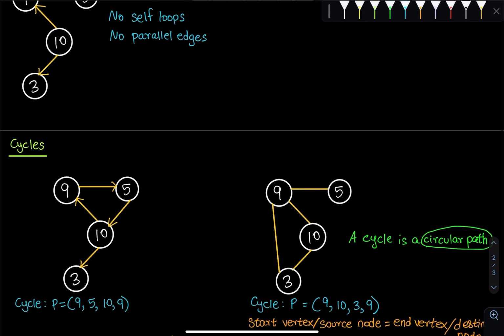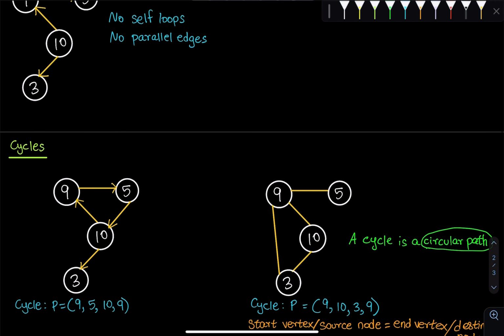Another example is here with an undirected graph. If we start at 9, we can go to 10 and then to 3, and then again we inevitably come back to 9. One thing to note here is that in a cycle, between the source node and the destination node, there should not be any duplicate nodes.